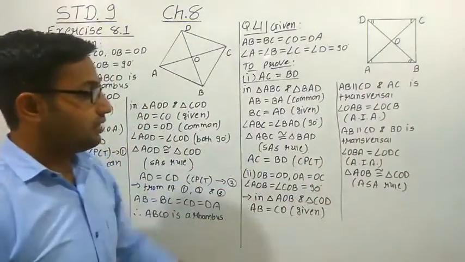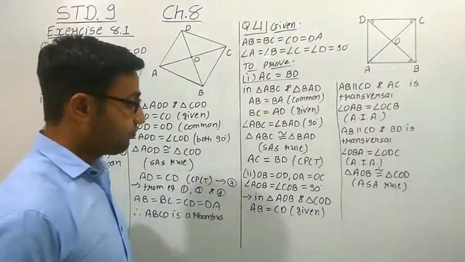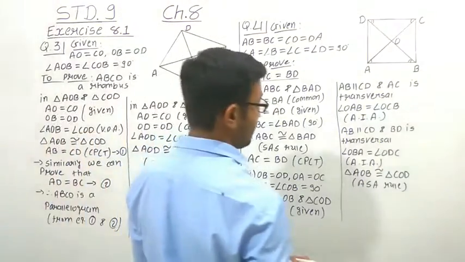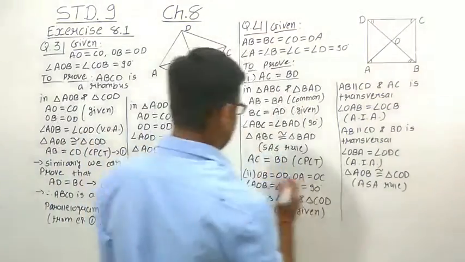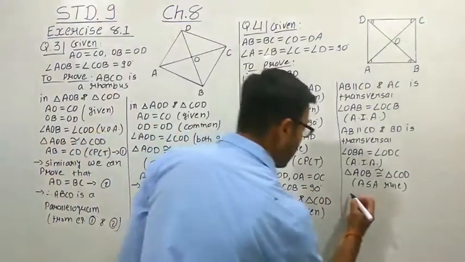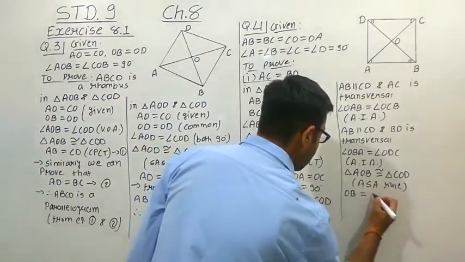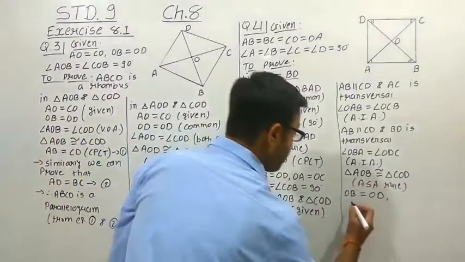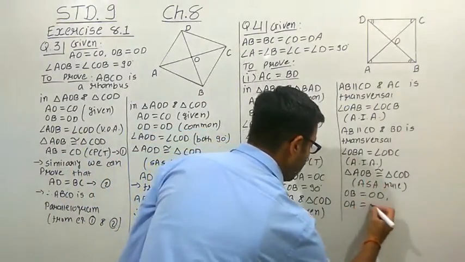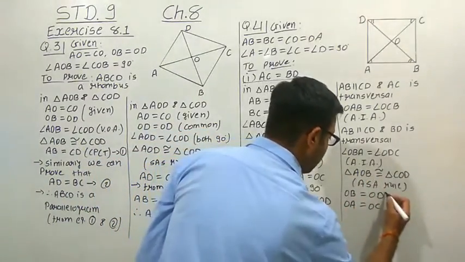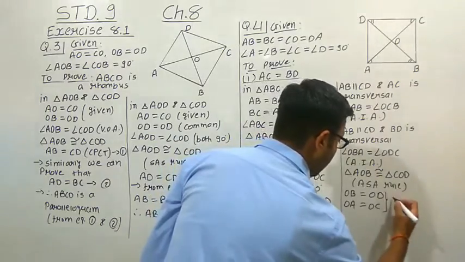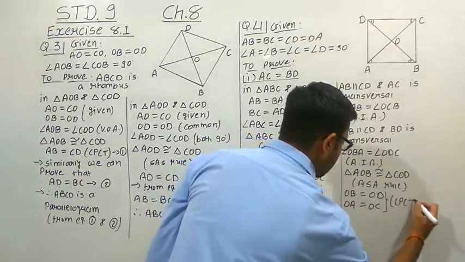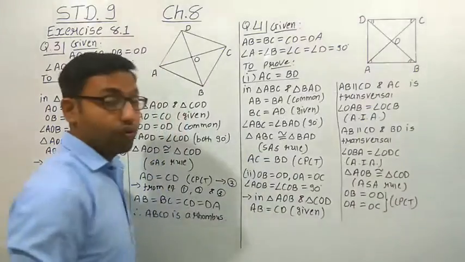As these two triangles are now congruent, their corresponding parts are equal. So OB is equal to OD and OA is equal to OC. These we can write according to CPCT, corresponding parts of congruent triangles.